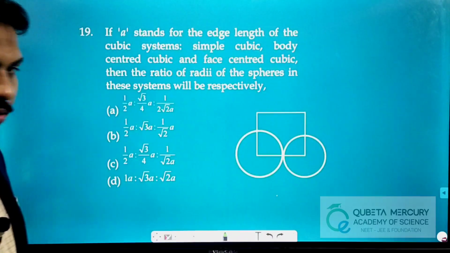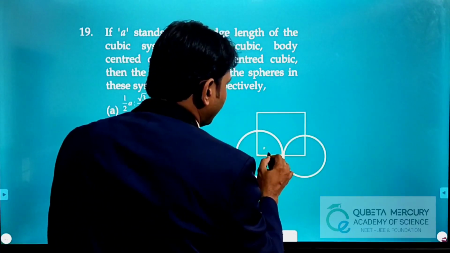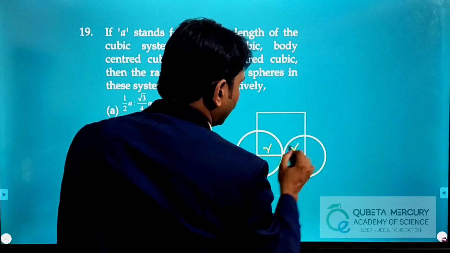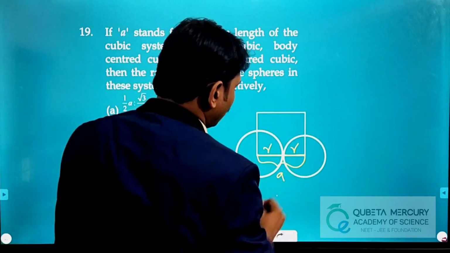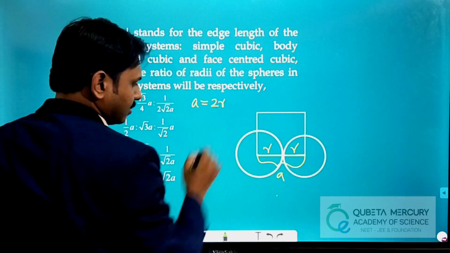This is simple cubic, touching the corner elements to each other. So this distance is r, this distance is also r. This distance is what is called the edge length. So I can say that a equals 2r.